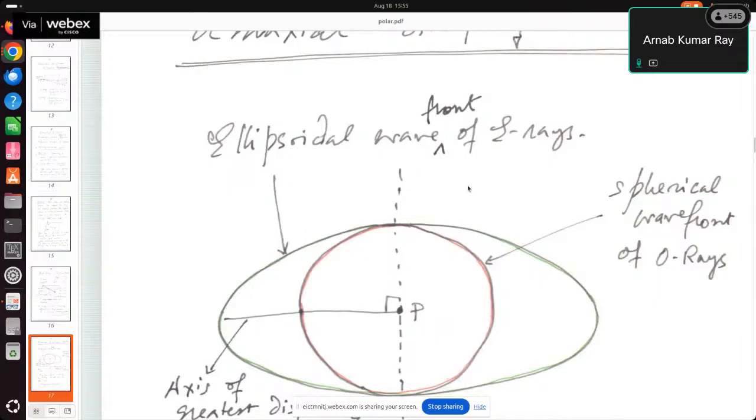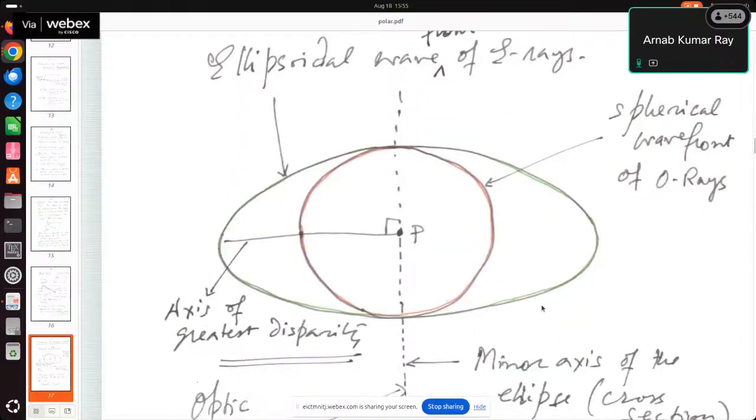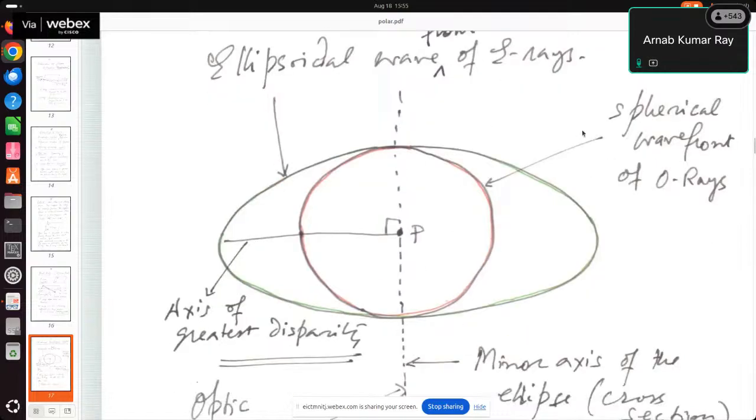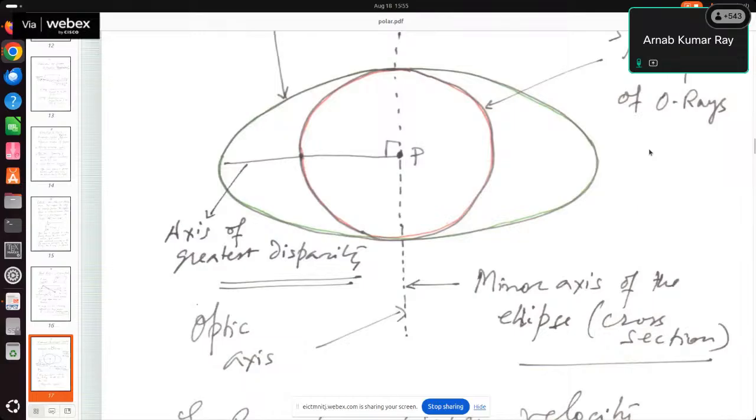So for an elliptical wavefront, when you rotate this in 3 dimensions, you will have a sphere for this red circle and an ellipsoid for this green one. So ellipsoidal wavefront of extraordinary rays and spherical wavefront of ordinary rays. And this is the minor axis.